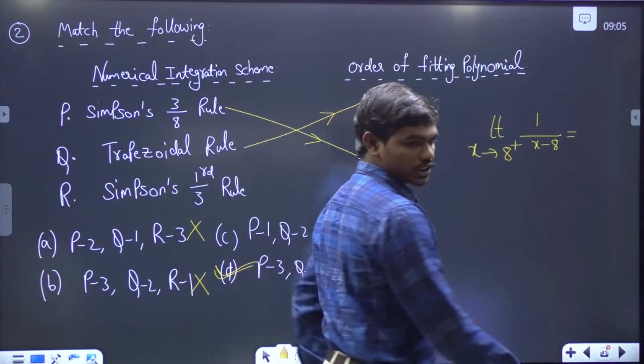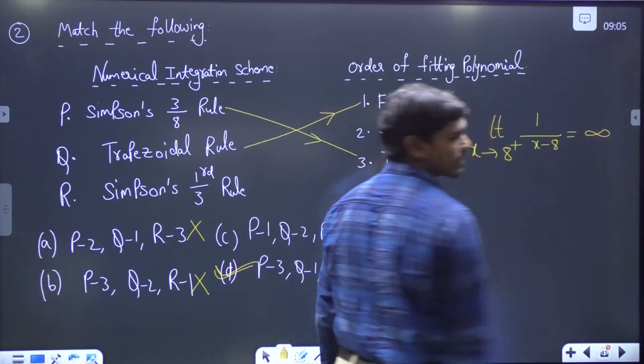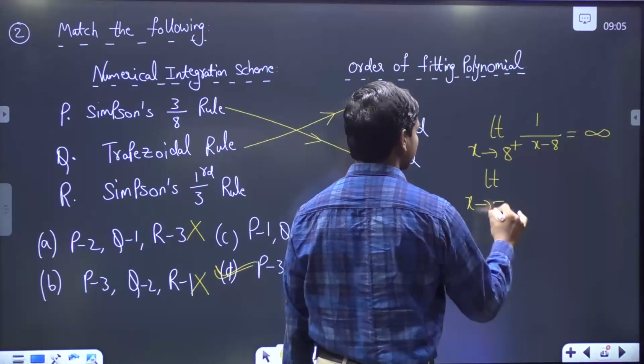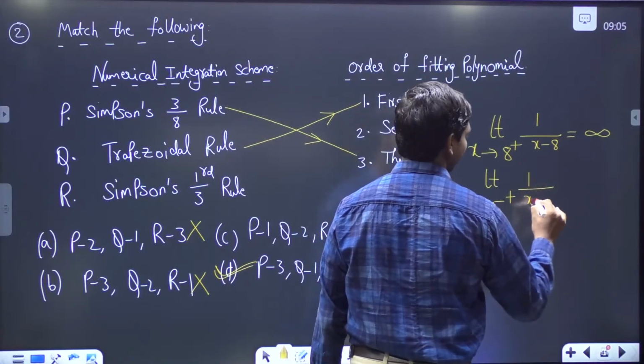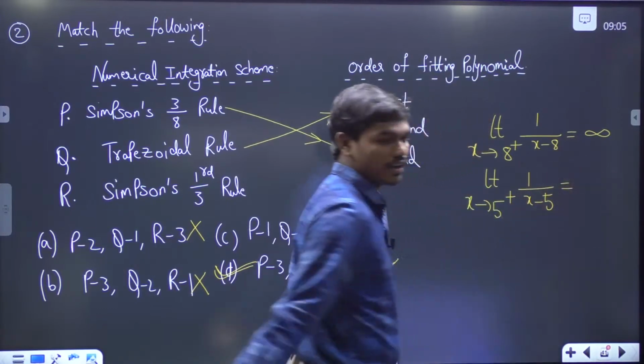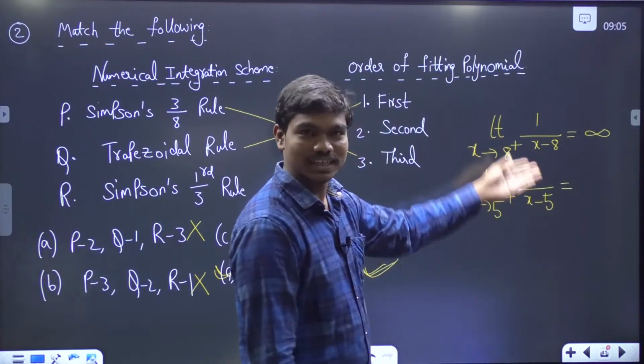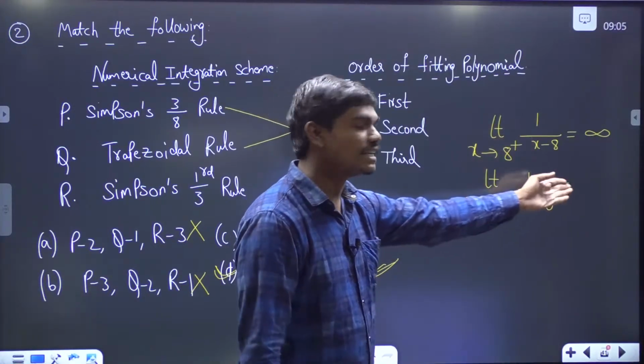Eight plus positive infinity, correct? This is what I wrote. And then I gave them another question, limit x tends to 5 plus 1 by x minus 5. For this also the answer is infinity, correct? Because both follow the same case. Limit x tends to a plus 1 by x minus a is infinity.